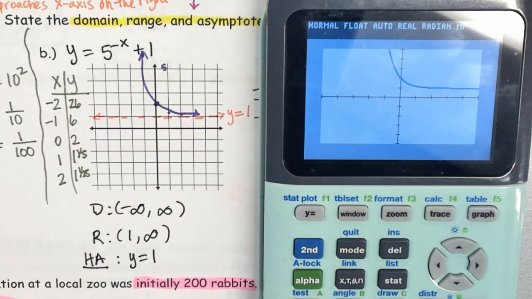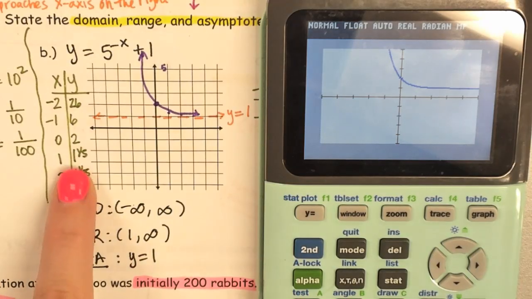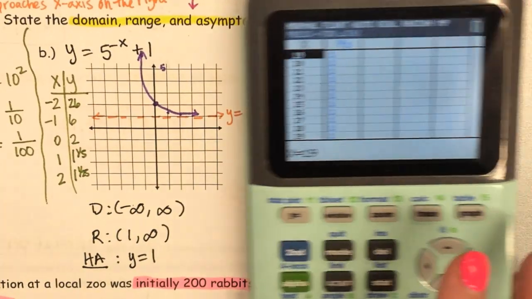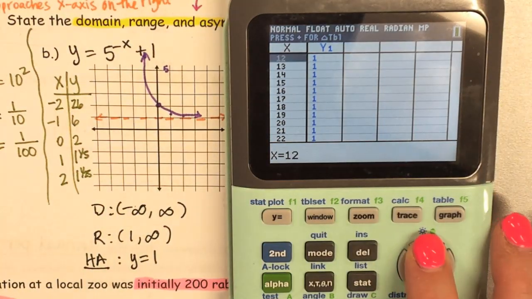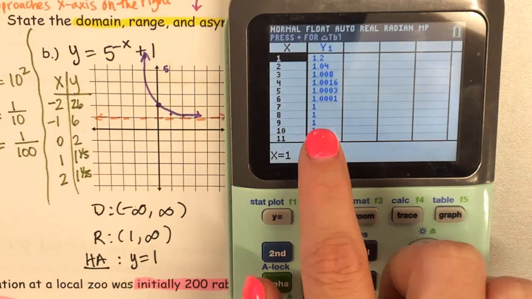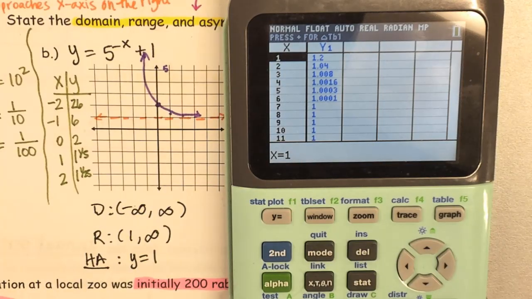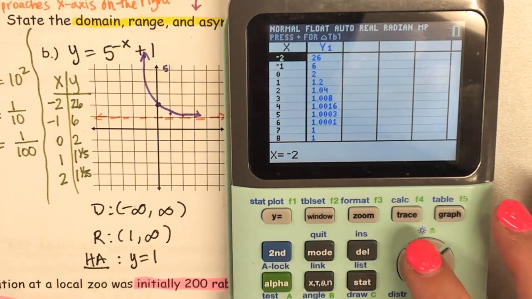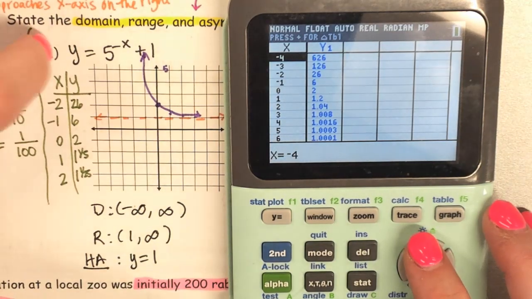steeply. Okay, and again, I wrote these as fractions. You can write them as your decimals. So your calculator here is rounding it to 1. I know that's a little bit confusing because it does round because the numbers get so small, but it is never going to cross a horizontal asymptote, okay, in an exponential function.